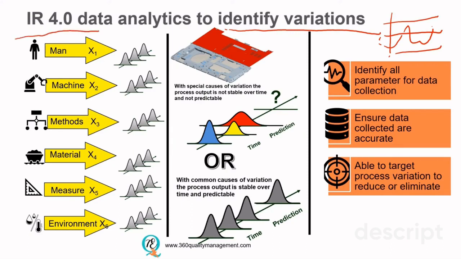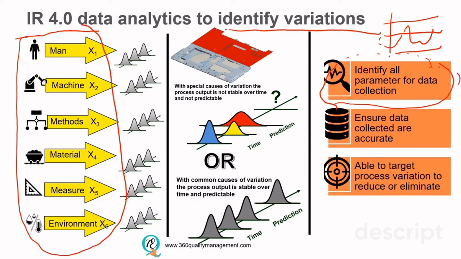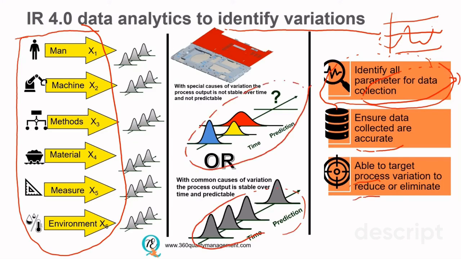Therefore, it is time for companies to work with experts in this field to ensure that the data infrastructure set up is able to identify all the critical parameters in the process input for data collection, and ensure that data collected are accurate and also able to target the process variations either to reduce or to eliminate.